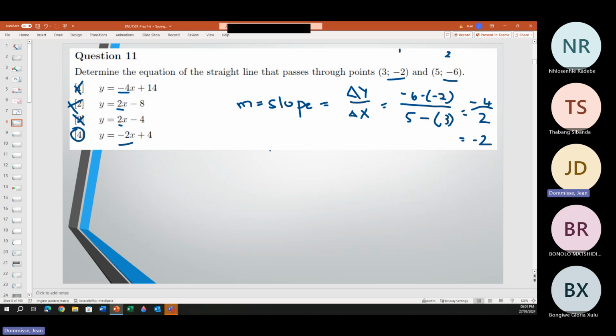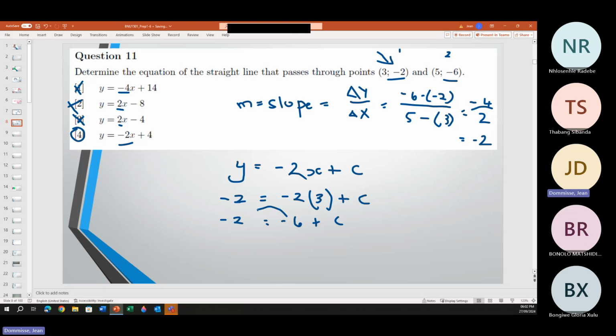But I can still just check it if I have time, because if I put in any of these 2 points into this, then I'm supposed to get that formula. So let's put in this point. So y is minus 2, x is the 3, so minus 2 equal to minus 6 plus c.